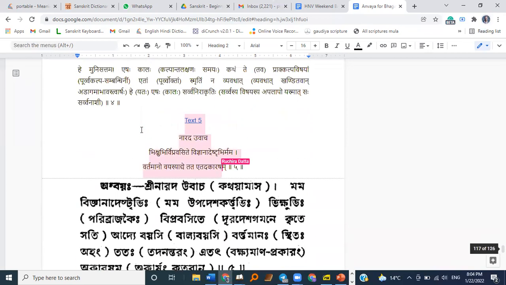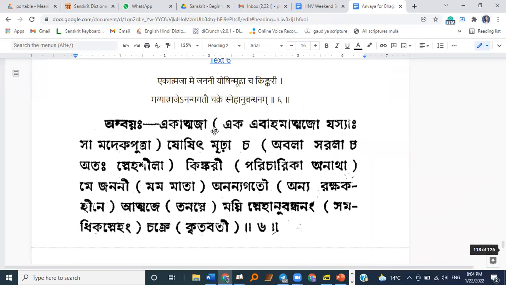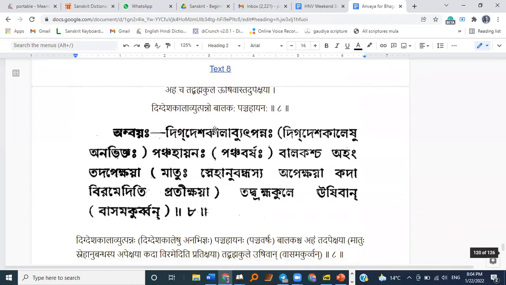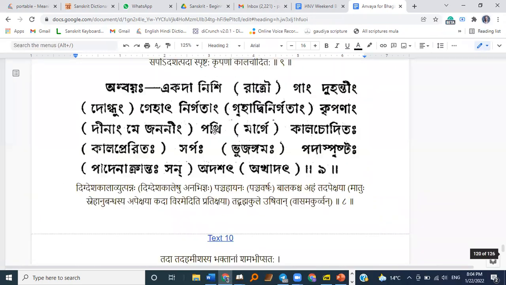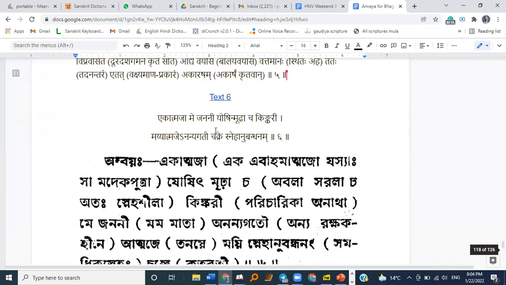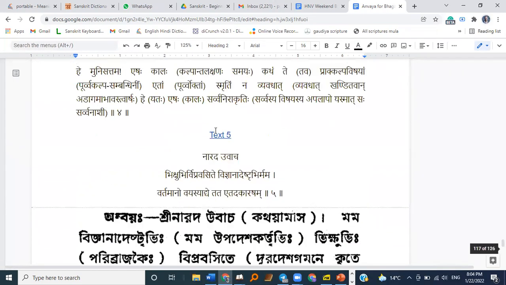Yeah, 5th one. So text 5. So Vyasadeva had asked, inquired from Narada Muni, more about his previous birth or previous life.